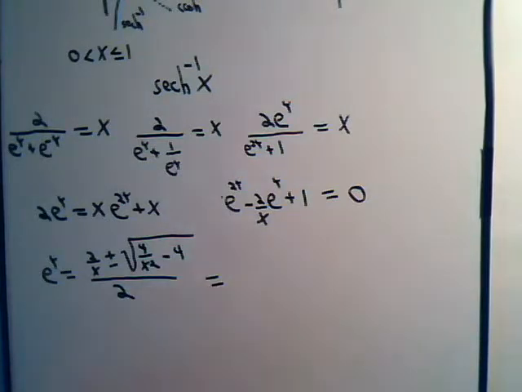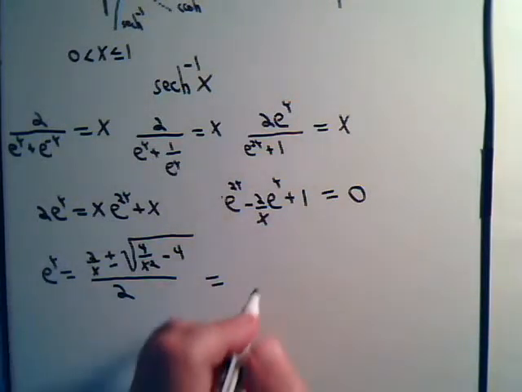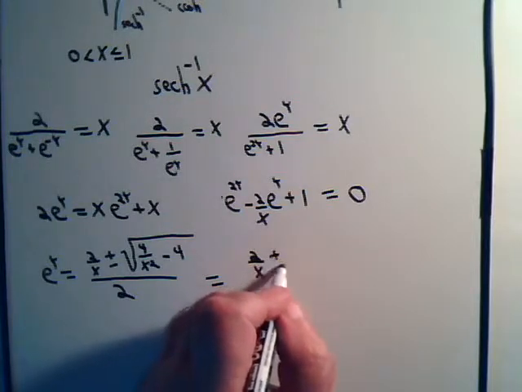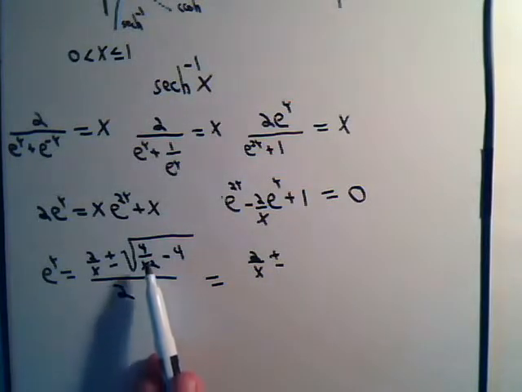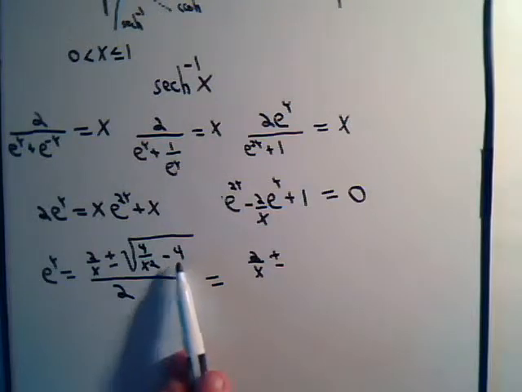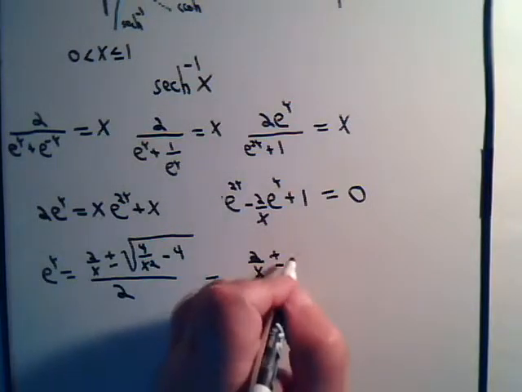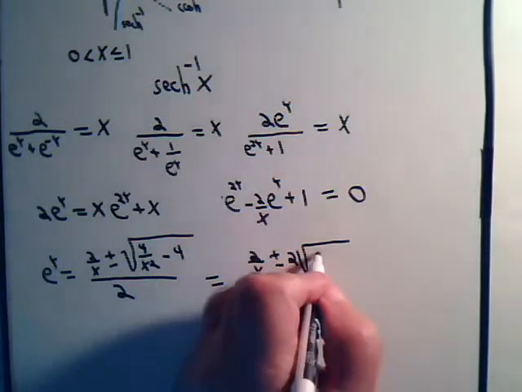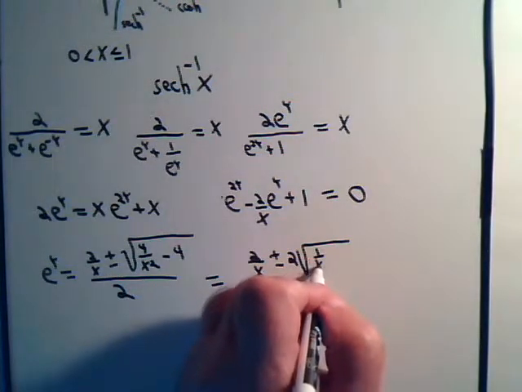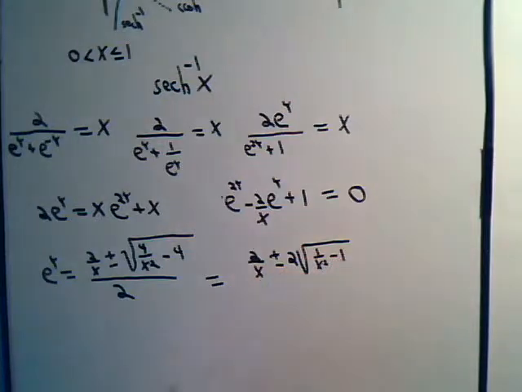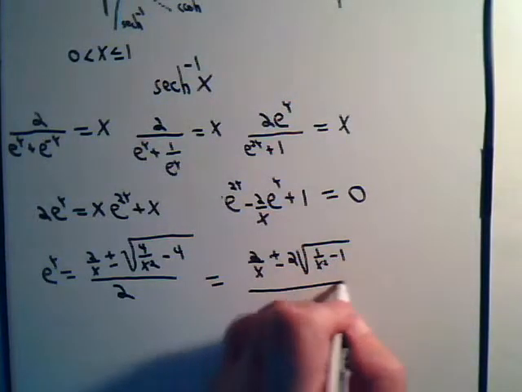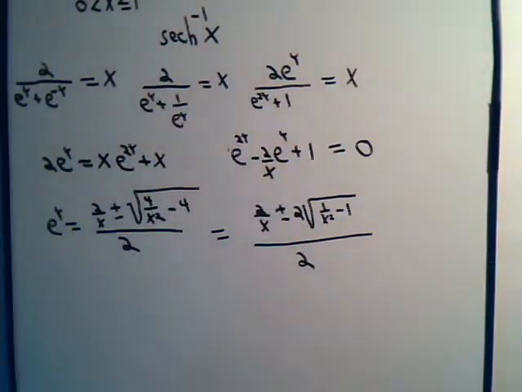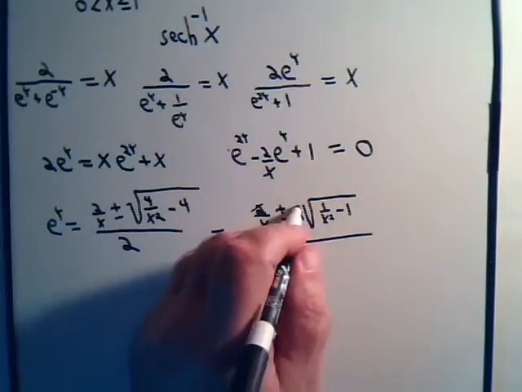So this will equal 2 over x plus or minus, we can factor the 4 out of this and take it to the outside, so we will have 1 over x squared minus 1, everything is divided by 2, and of course these will cancel.